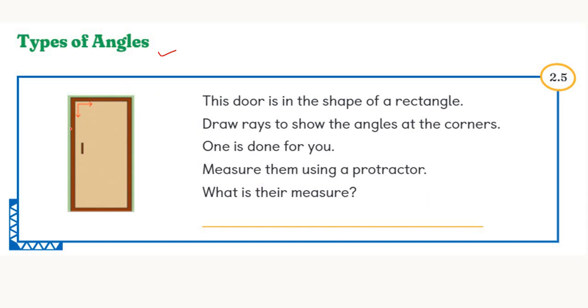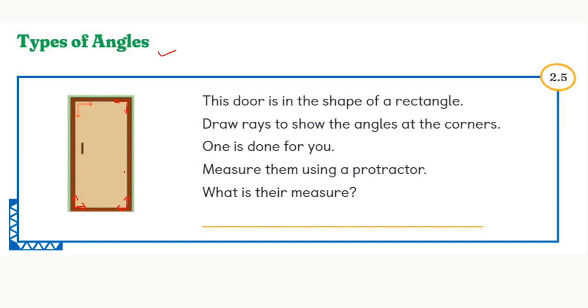The door is in the shape of a rectangle. Draw rays to show the angles at the corners. You have to draw rays in this way. There are 4 corners. In the same way you have to draw rays. You have to measure them using a protractor.